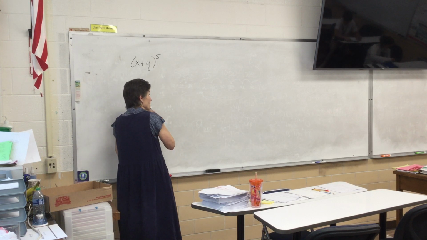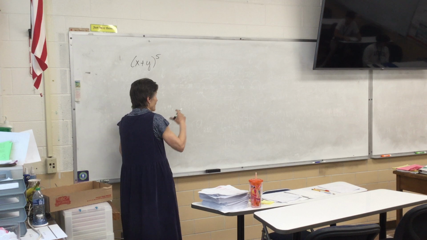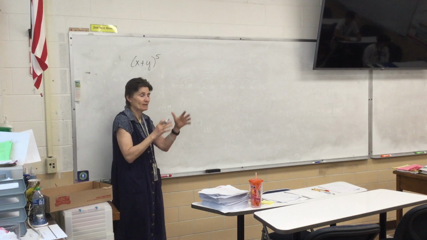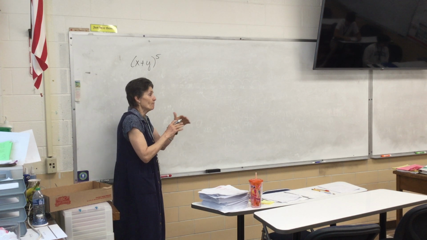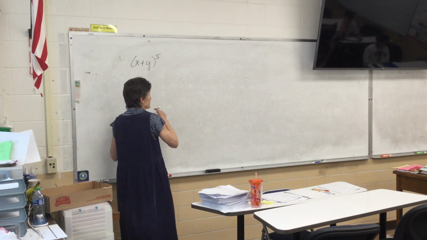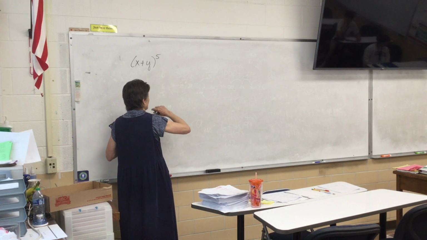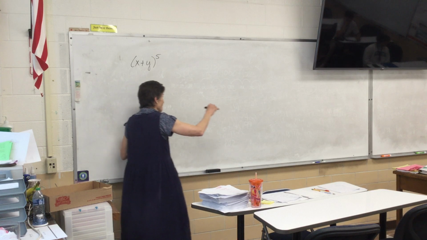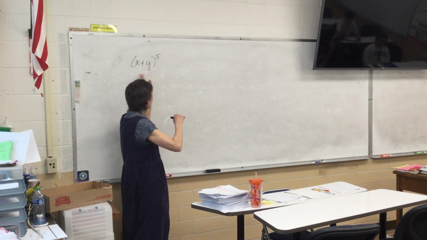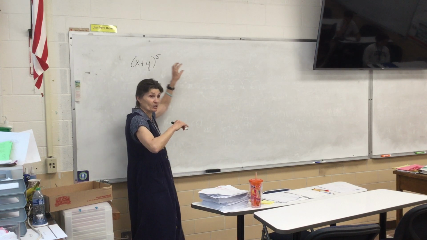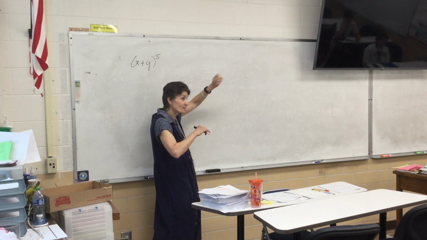And the variables and exponents, there's a very definite pattern to those. But those coefficients on the expansion were a little bit weird. So does anybody remember how we generated the coefficients for each of the terms in this expansion?